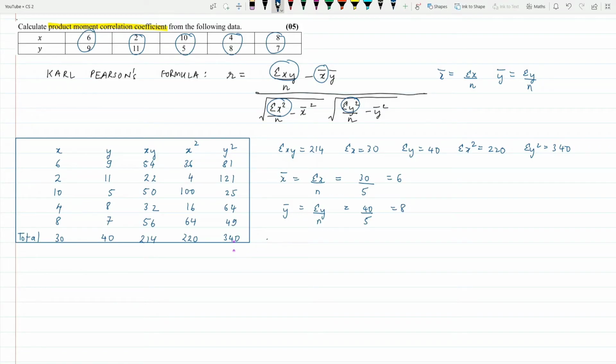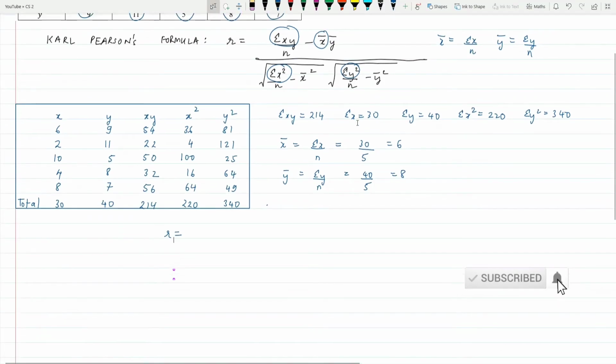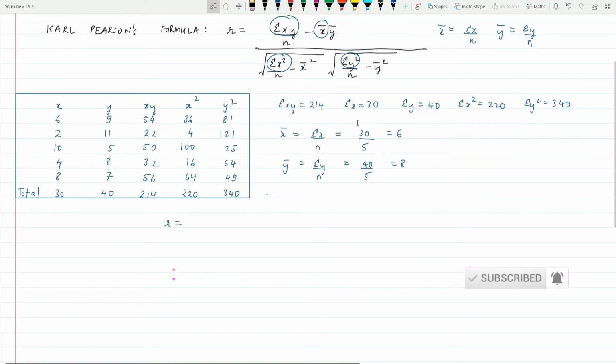Final calculation of small r. The reason I'm specifying small r is because we are going to later on talk about capital R as well, and that is Spearman's coefficient of correlation. Now I'll first specify the formula again before making the substitution.